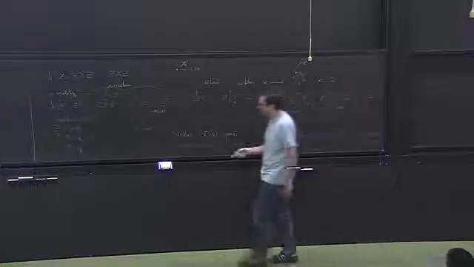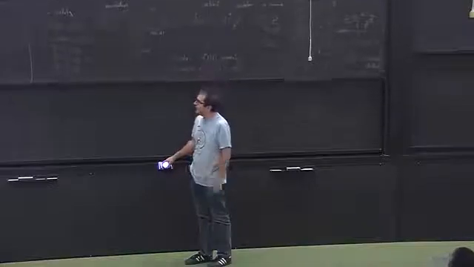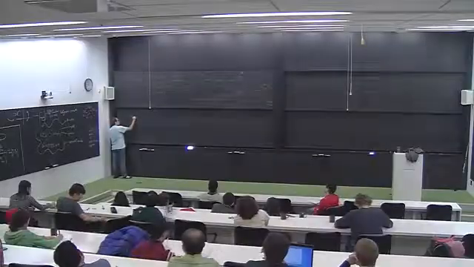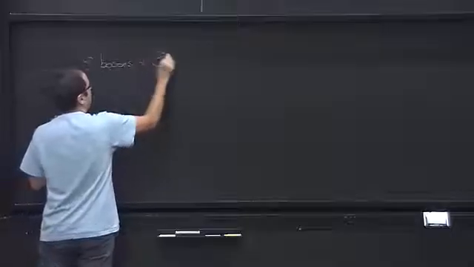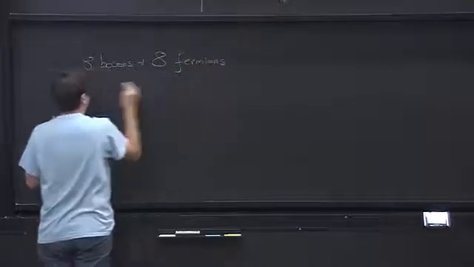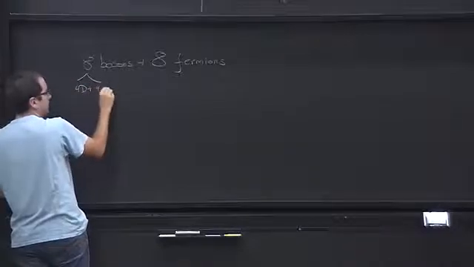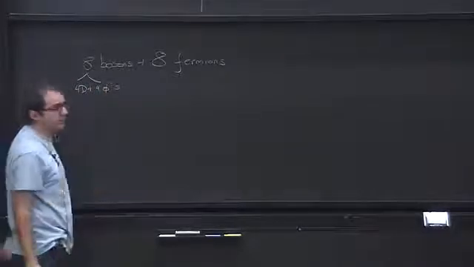This SU2/2 symmetry is a symmetry that rotates 8 bosons plus 8 fermions. These 8 bosons being 4 derivatives plus 4 scalars, the ones that are excitations.